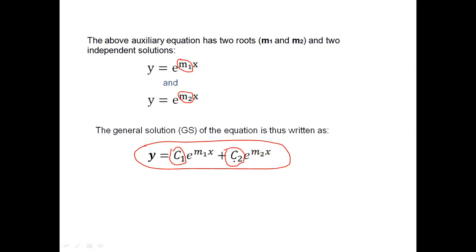They are simply arbitrary constants. That's why we are calling this the general solution. These unknowns can only be found if you are given some conditions. As we progress in the topic, we'll come across situations where we will be asked to calculate values of these constants. So this is the final expression for the general solution of the equation.